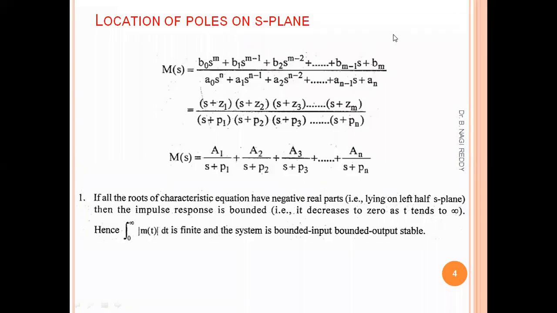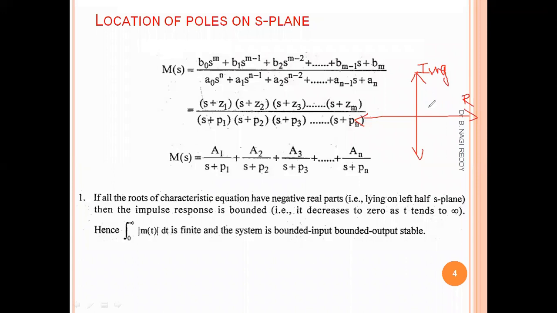This S plane has one y-axis and one x-axis, like this. The x-axis defines the real part and the y-axis defines the imaginary part.